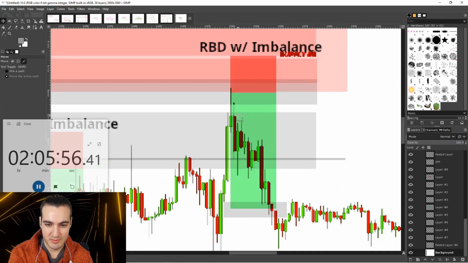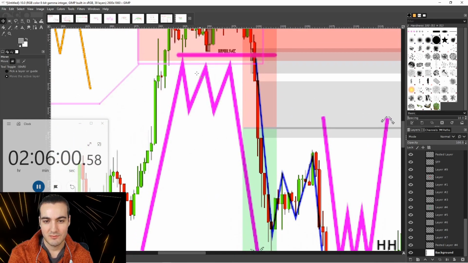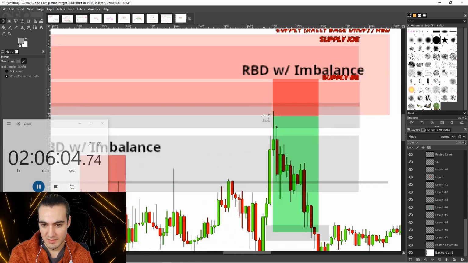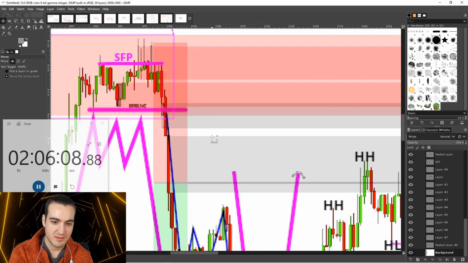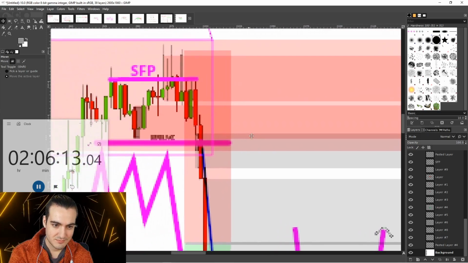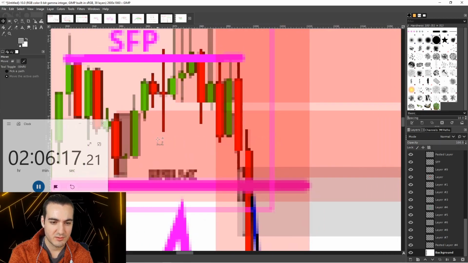But this is what we were looking for: the rally base drop would be this area around here. So we have this overlap between this imbalance and then I guess this would be a breaker block.